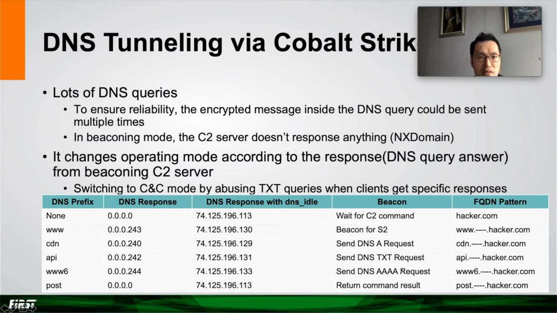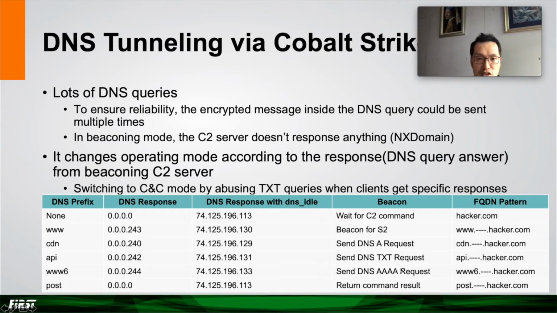The encrypted message inside the DNS query could be sent multiple times. Also, in the beacon mode, the C2 server doesn't respond with anything, so it will generate a large number of non-exist domain responses. So there are many detection methods.